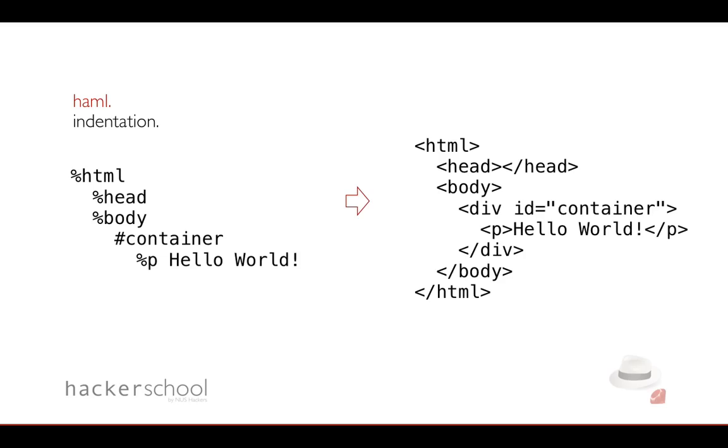Okay, so finally, there's some trade-off involved when writing Haml, and the trade-off is indentation. So the way Haml knows that you want to close a tag or that a tag is nested within another tag is by indentation. So you can see that head and body are indented inside html, container is inside body, the p tag hello world is inside container, and this indentation has to be enforced.